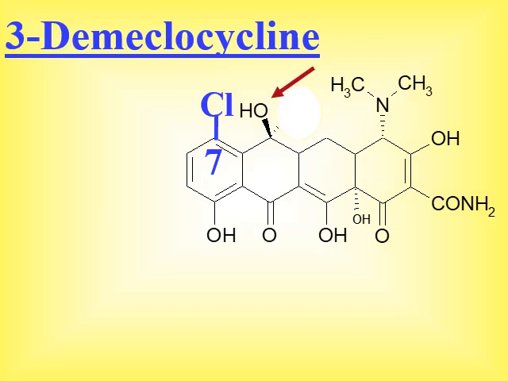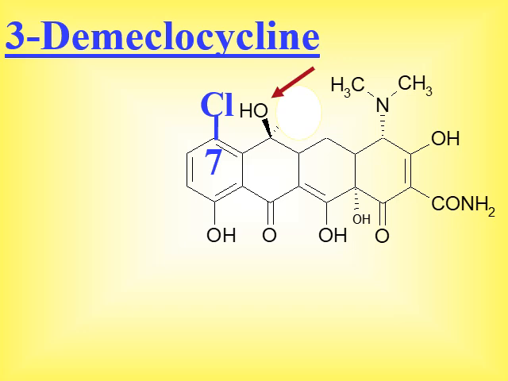Another natural one is demeclocycline. What is the difference between it and chlortetracycline? The difference is the removal of the methyl group at position number 6. So, in this case, the hydroxyl group at position number 6 is not a tertiary alcohol, but it is a secondary alcohol.